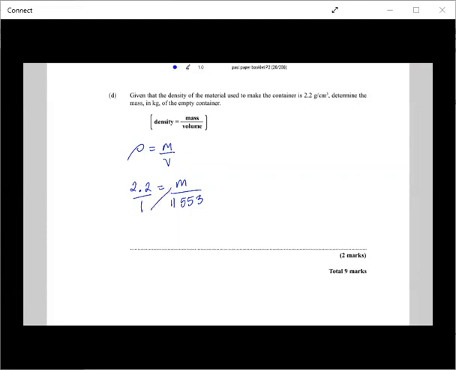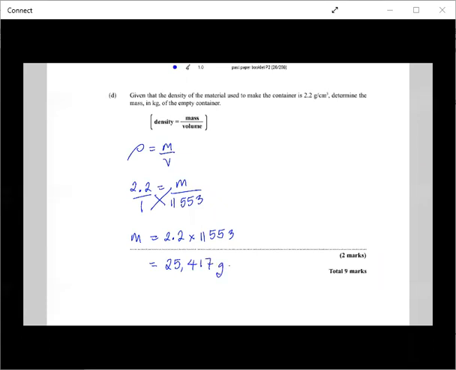So 1 times m is equal to 2.2 times 11,553, and this is equal to 25,417 grams.